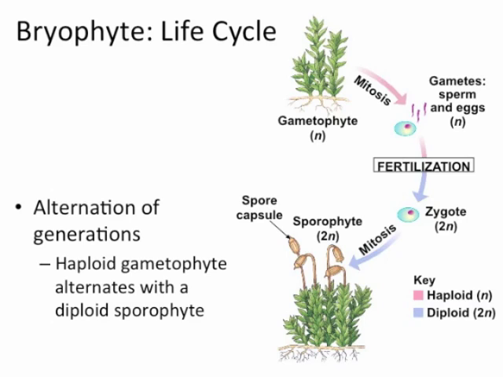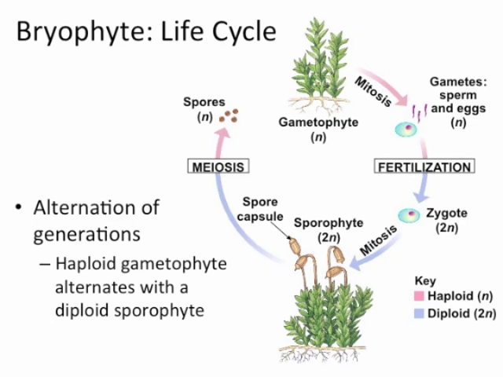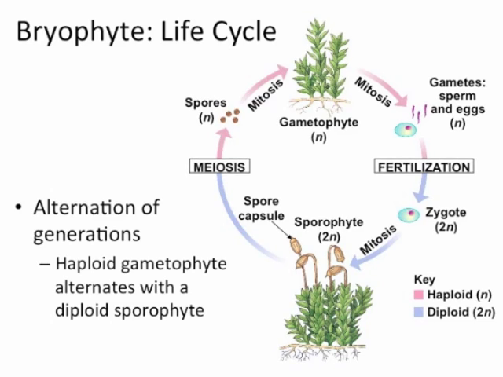It's going to grow and divide, and then it's going to undergo meiosis in order to release spores, which will be haploid. So the sporophyte, which is diploid here, will undergo meiosis, will release spores, and those spores will become the next gametophyte. So the green part of the moss is haploid.